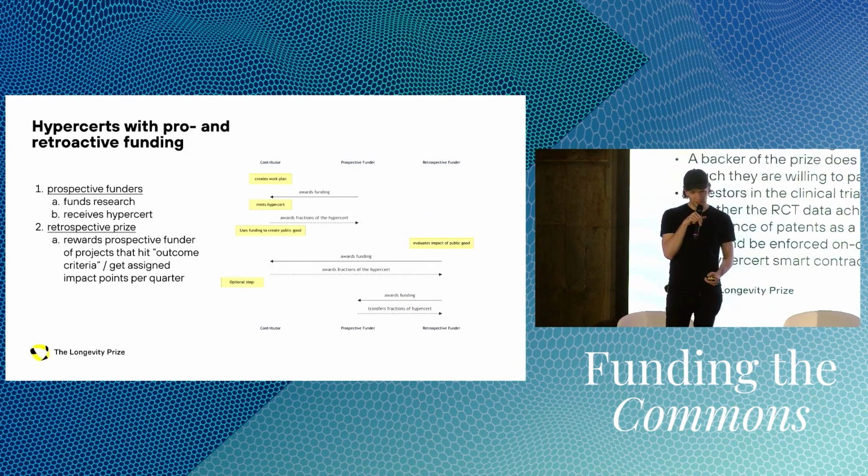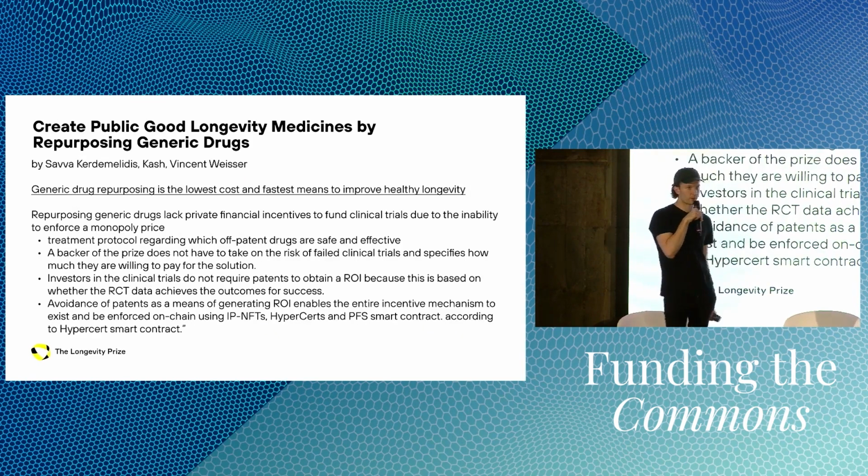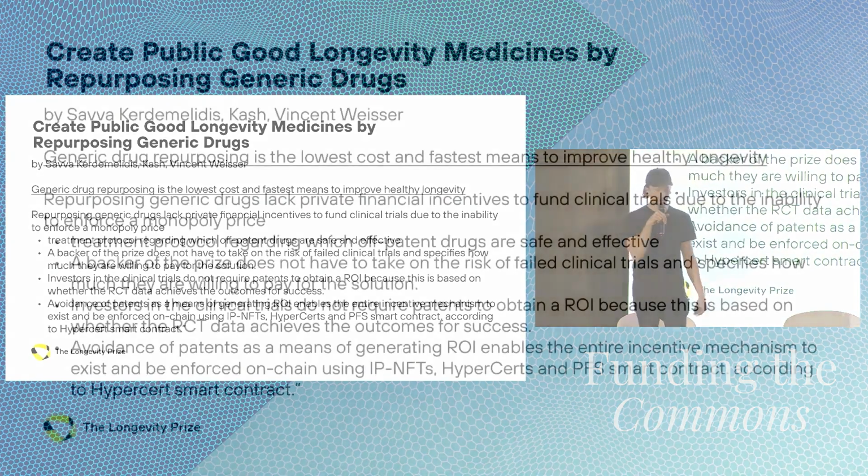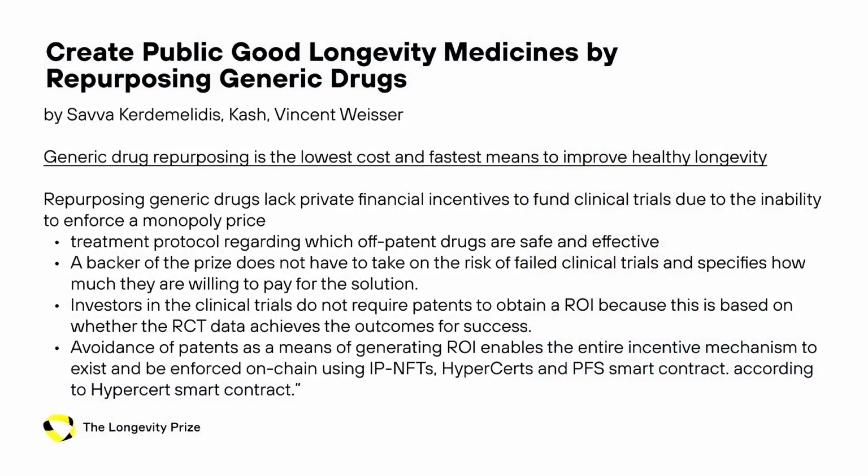The concrete project that we're working out together with Sava and Cash from Crowdfunding Cures and Longevity Prize, VitaDAO and everyone else involved, is exploring a novel mechanism with hypercerts to enable public good medicine by concretely repurposing generic drugs.